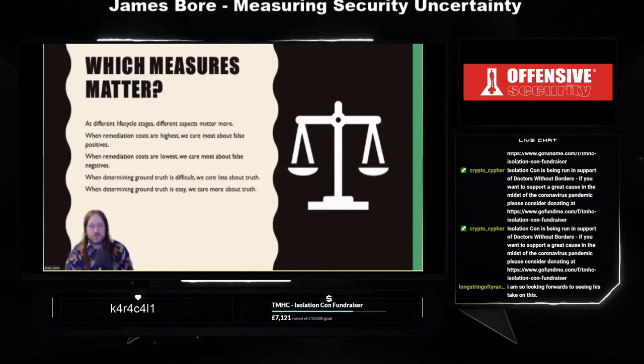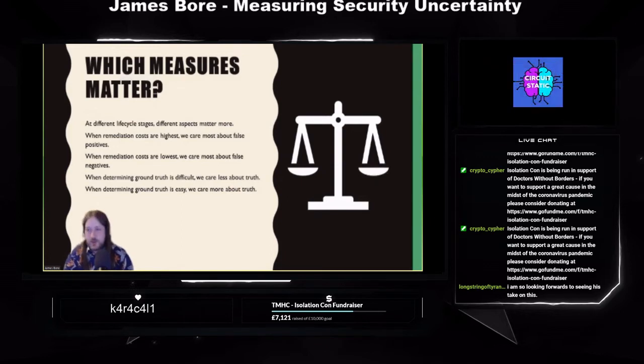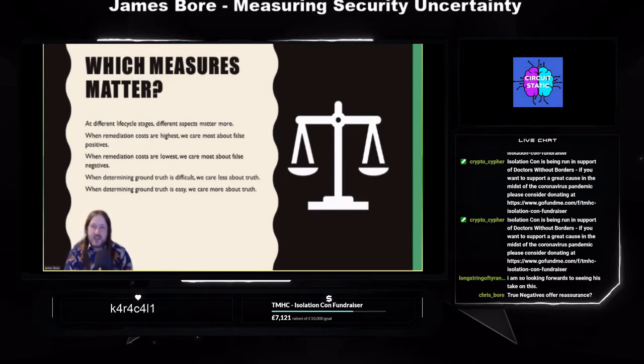So, going back to our life cycle, at different life cycle stages, different things matter. And this is again tying into the medical approach. So when remediation is expensive, when it's difficult to carry out remediation, when it will generate a lot of work, cost a lot of effort, we really care about false positives.